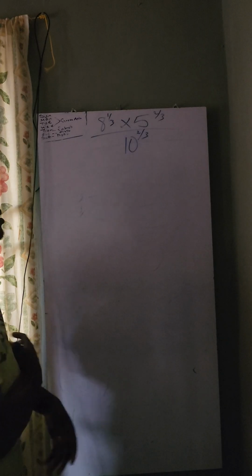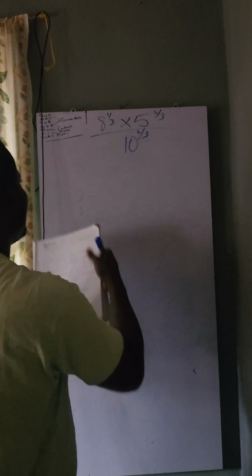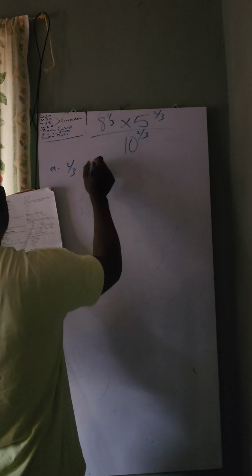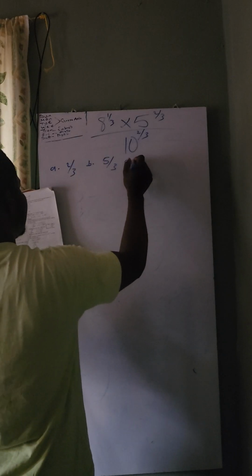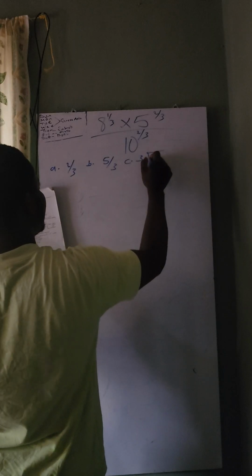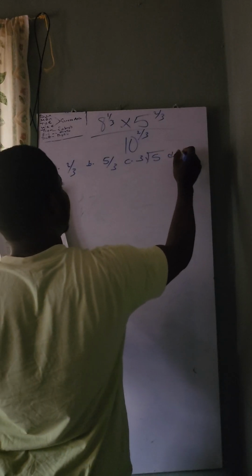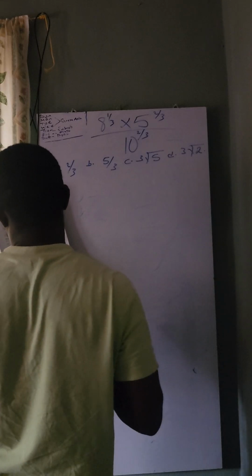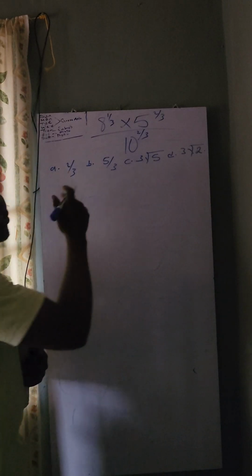Now, how do I solve this? I think we're given options. Option A is 2 over 3, B is 5 over 3, C is the cube root of 5, and D is the cube root of 2. Now let's solve this.